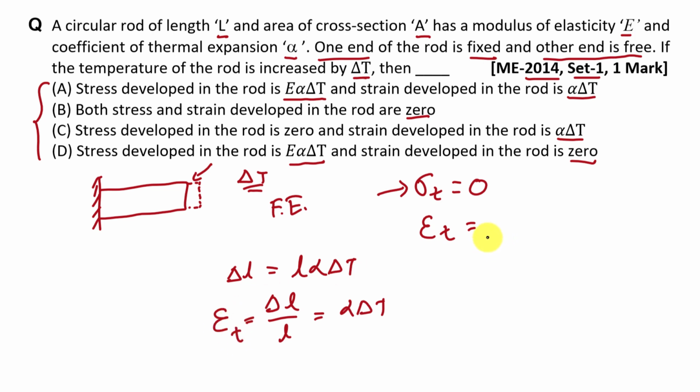So here we can say that epsilon T means thermal strain developed in this rod is alpha delta T. And we have already remembered this equation that thermal strain is equal to alpha delta T. So here our answer will be option C. Stress developed in the rod is 0 and strain developed in the rod is alpha delta T. This question is for 1 mark.